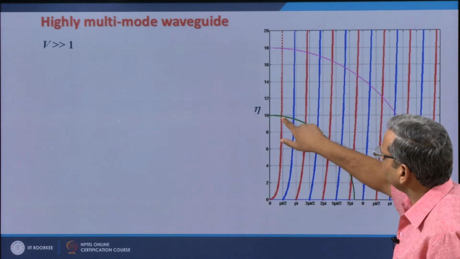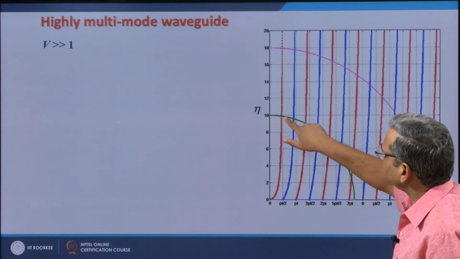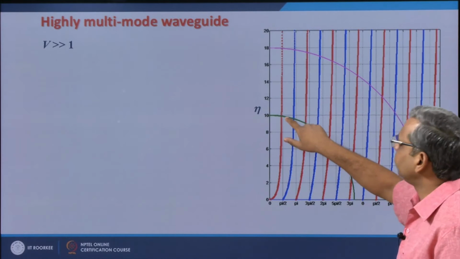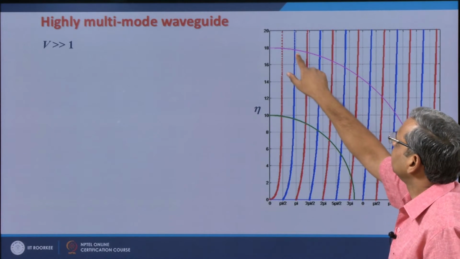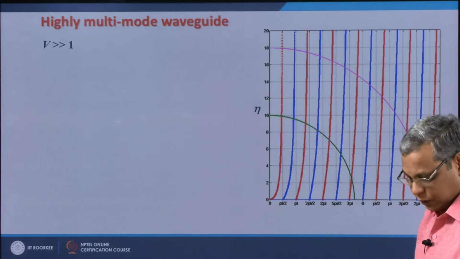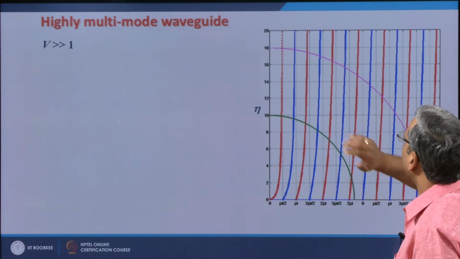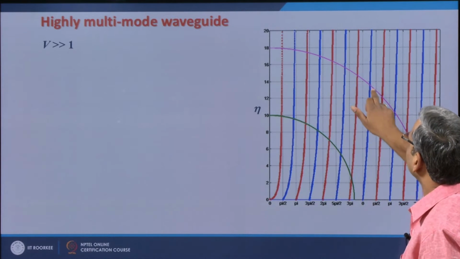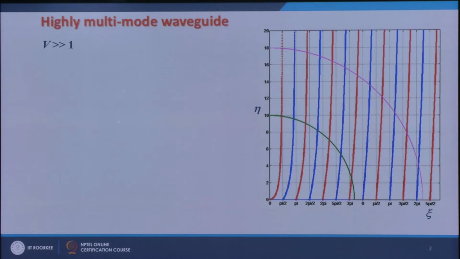So, for first mode, that is m is equal to 0 mode, the point of intersection is close to pi by 2, and for m is equal to 1, the point of intersection is close to pi, and so on. And these are only for first few modes. If you go to higher order modes, then these points of intersections are much farther from these values.